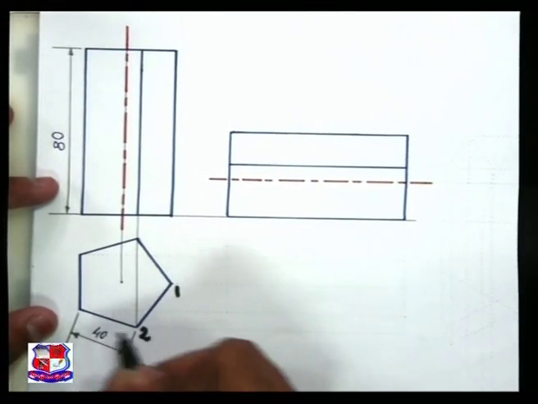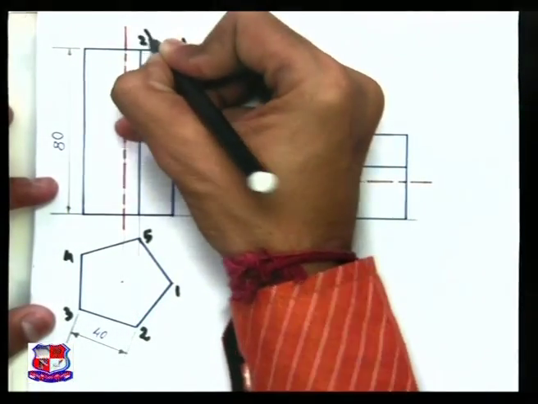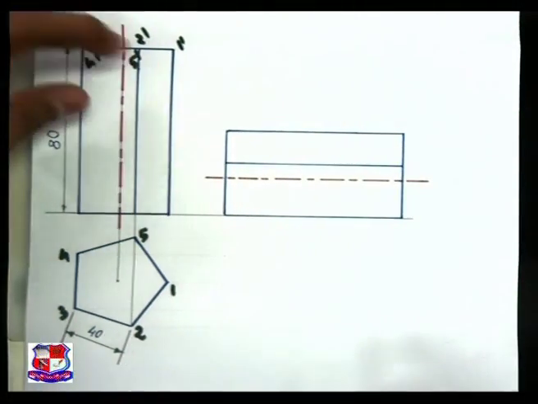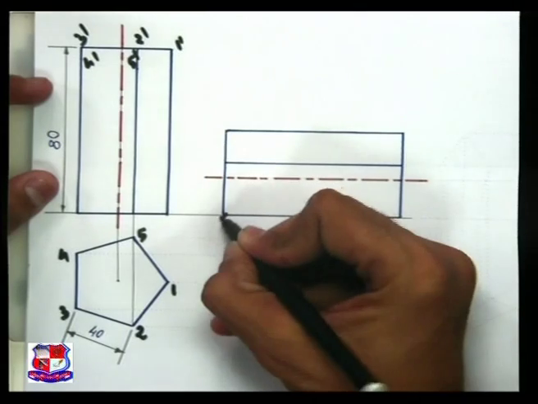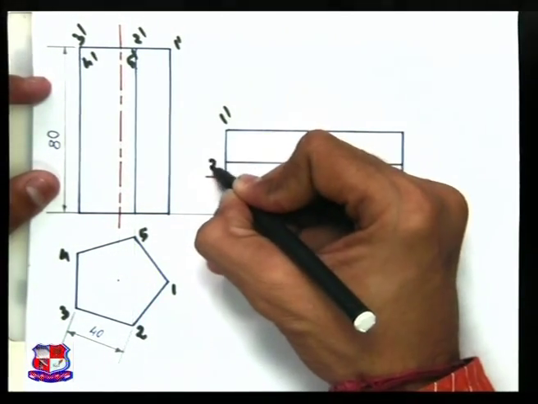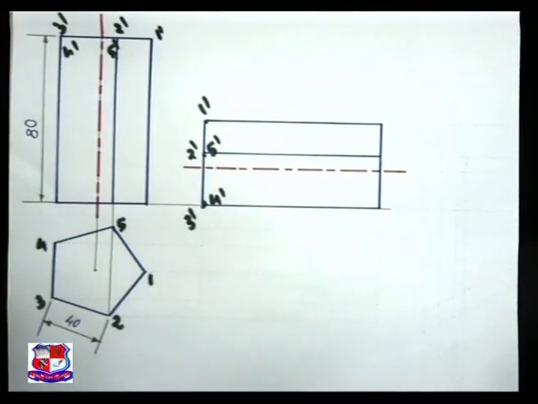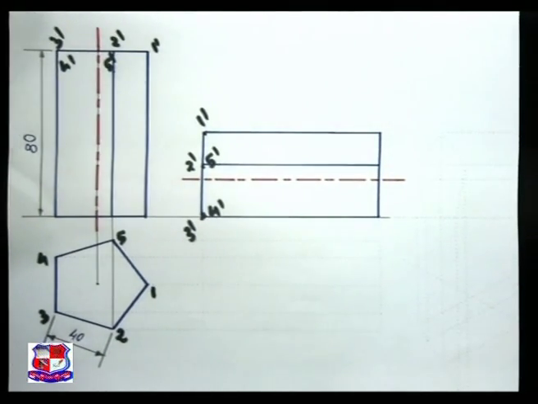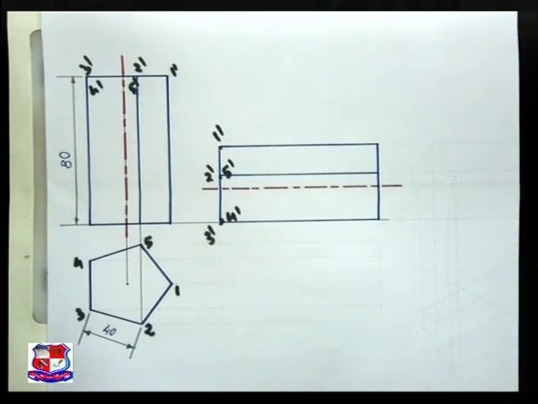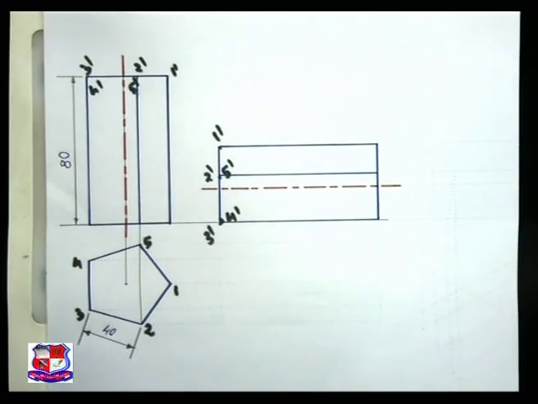Point number 1, 2, 3, 4, 5, and accordingly 1 dash, 2 dash, 3 dash, 4 dash, and 5 dash. As we have tilted on this side, 3 dash and 4 dash would be here, 1 dash would be here, 2 dash and 5 dash would be here. So these are the points, and accordingly on the bottom side the names could be given. It is not compulsory to give names to both the ends. If you give a name to one end, it is also allowable.